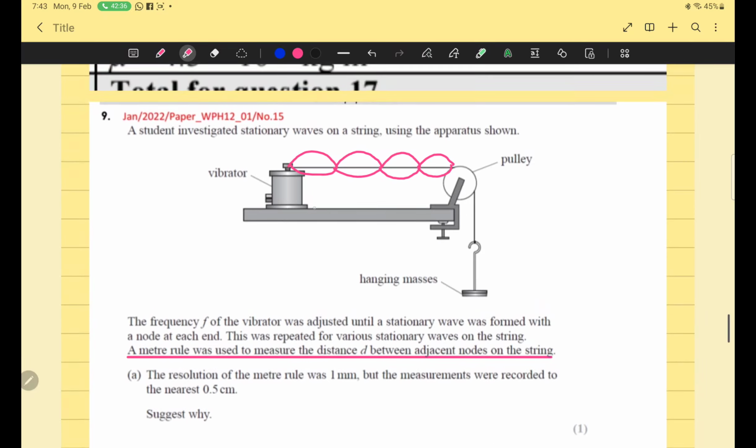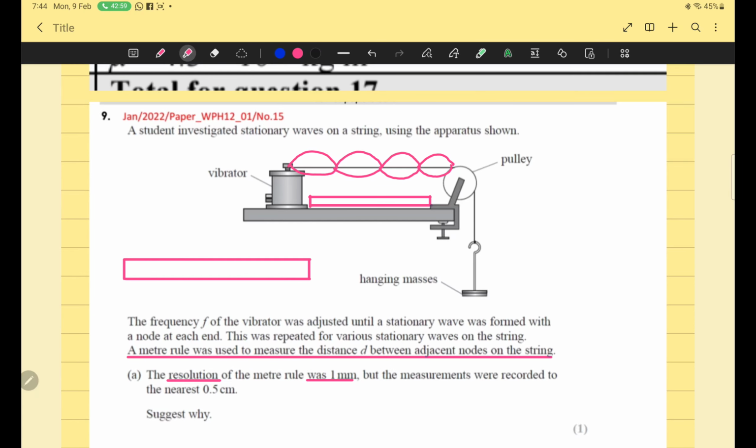Okay, but you have a meter rule, and the meter rule is placed on the bench beneath the string. Okay. The question is the resolution of the meter rule was 1 millimeter. Resolution means the smallest number which you can measure by any device. It is called its resolution. Okay.